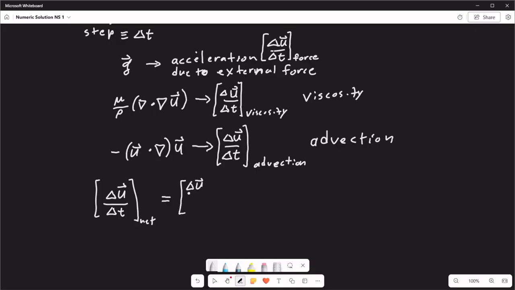There's the du, t. This is the force, and plus the delta u, t, is viscosity, and on top of that, finally, the advection.